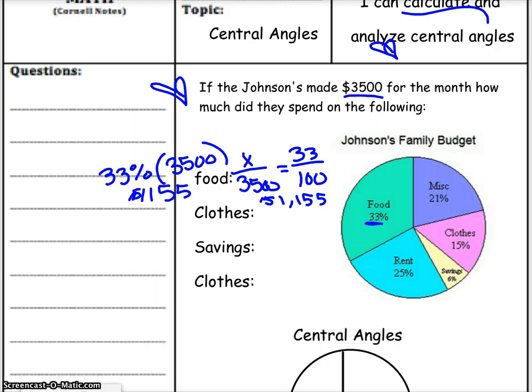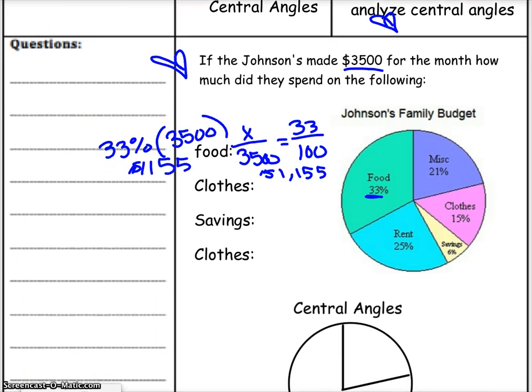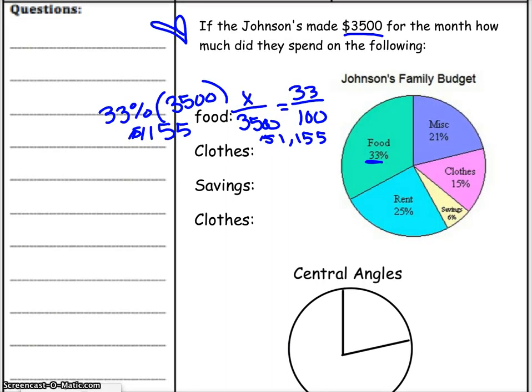A lot of kids are into proportions because you've been doing them all year, so you know how to set them up. Let's see how much they spend on clothes. 15% of their total on clothes.